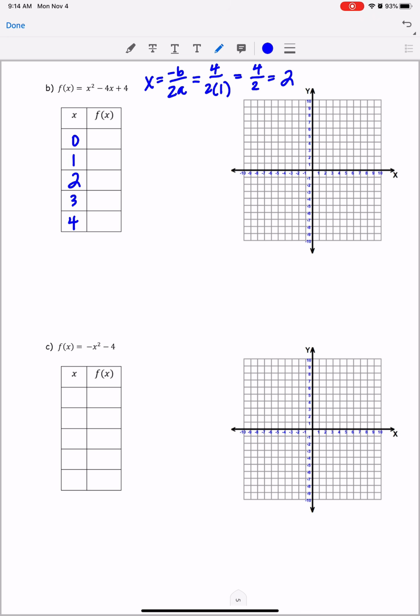So now to get these y columns, you need to plug in these for your x. So what I'm going to do is just put some parentheses here. So you're going to have something squared minus 4 times something plus 4.